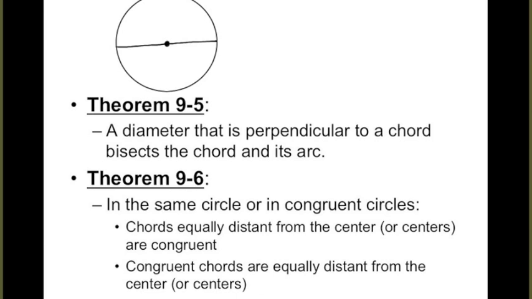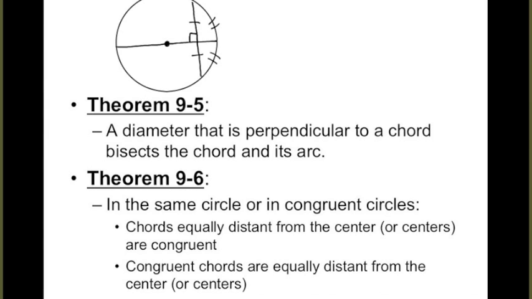So a diameter that is perpendicular to a chord bisects the chord and the arc. So if we have a diameter that hits a chord at a right angle, that chord is going to be cut into two equal pieces, and the arc will also be cut into two equal pieces.